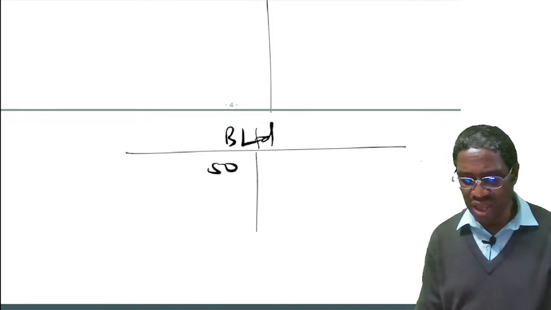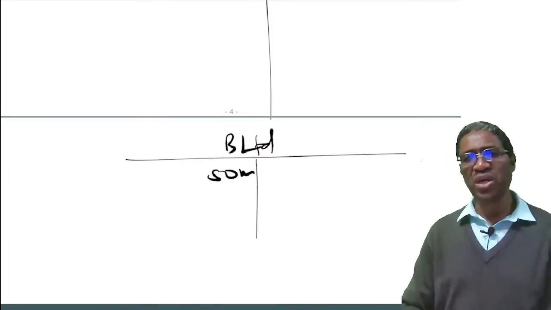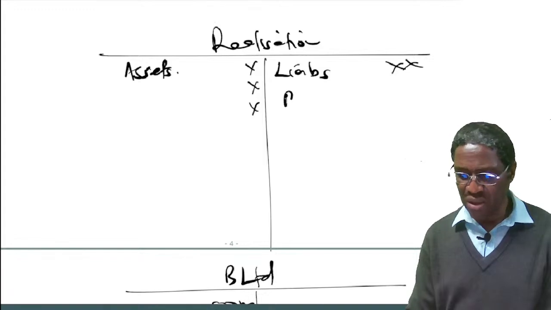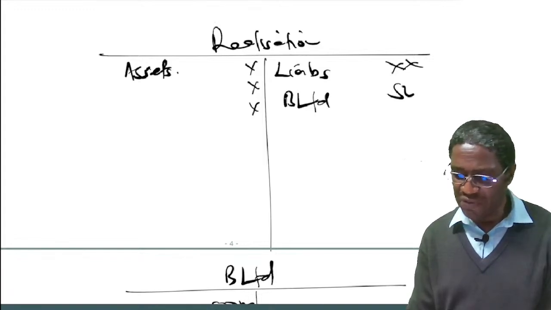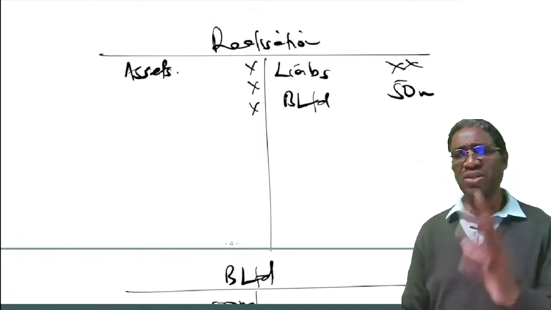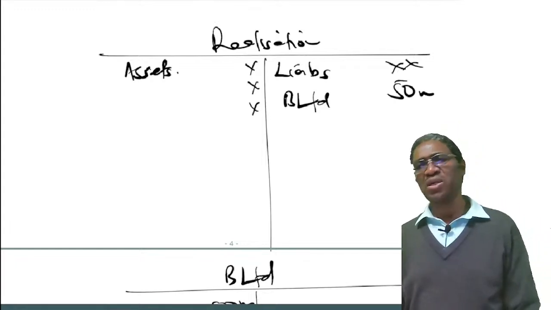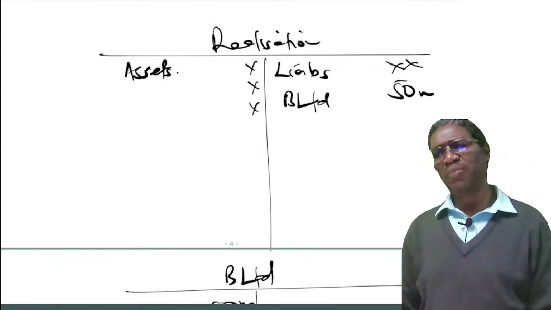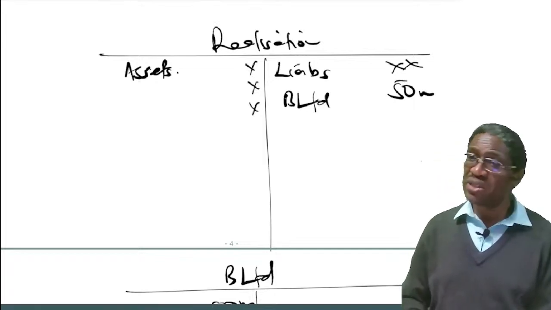You will debit them by that 50 million and you credit realization, and you say here B Limited, that is 50 million. That's our step number three, which says with the purchase consideration, you debit the purchasing company, you credit realization.